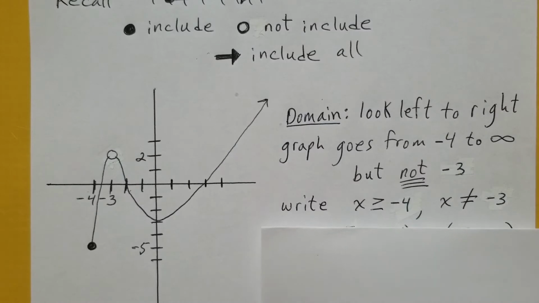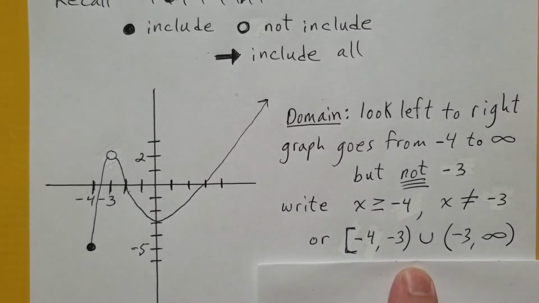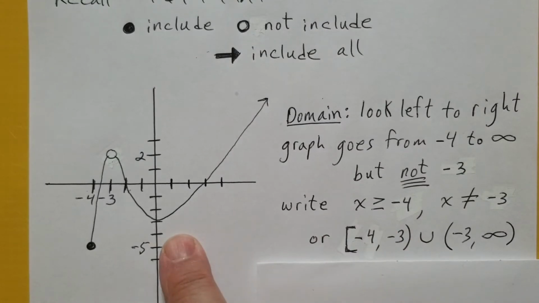Or, more concisely, using the interval notation, we go from -4 to -3, and then we pick up and start again at -3 to infinity. We're never equal to -3. Soft parentheses does not include -3, but we do include -4. That is the domain of this graph.